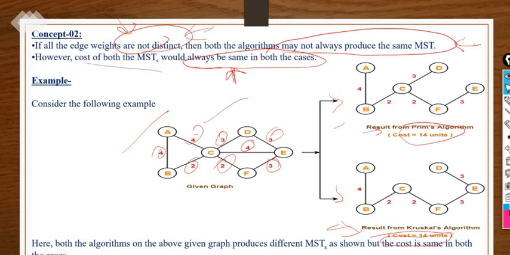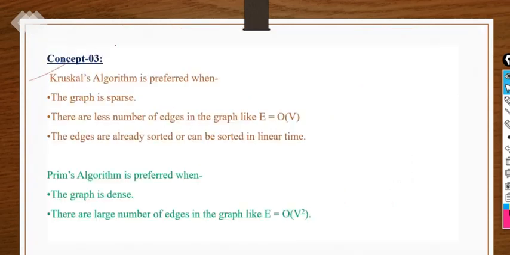So that was the concept. The next important point to note down: Kruskal algorithm is preferred when the graph is in sparse form. Sparse and dense are two types of graphs available. If the graph is sparse, you can apply the Kruskal algorithm. There are fewer edges in the graph, that is, order of V time, like the number of vertices is roughly equal to the number of edges.